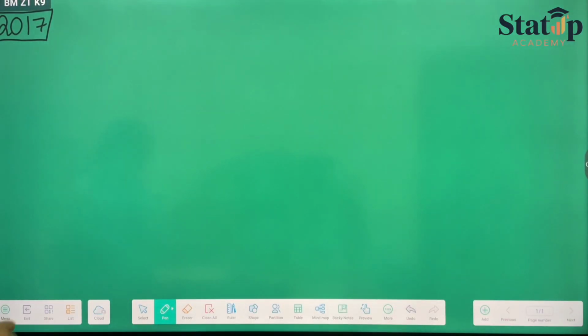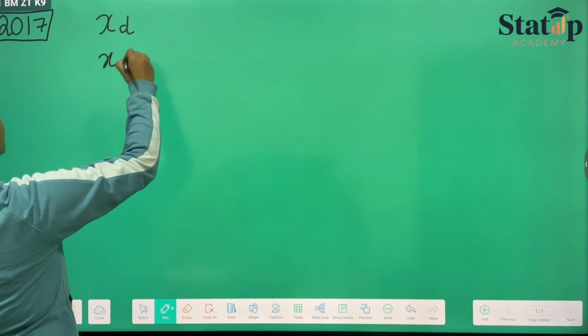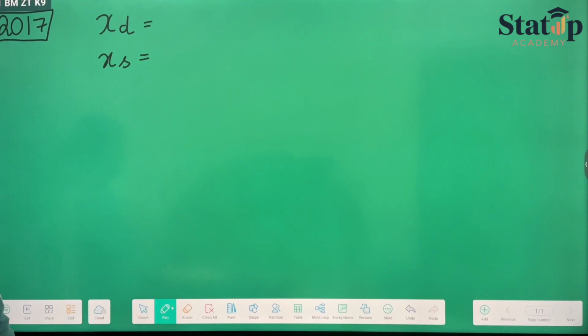So we have been given the demand function and the supply function of a certain commodity.